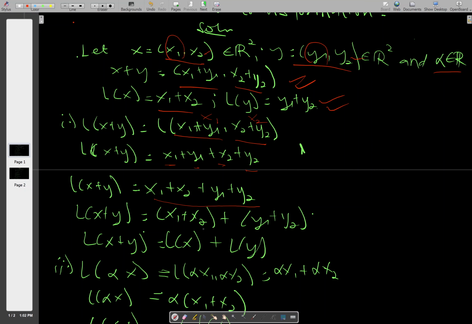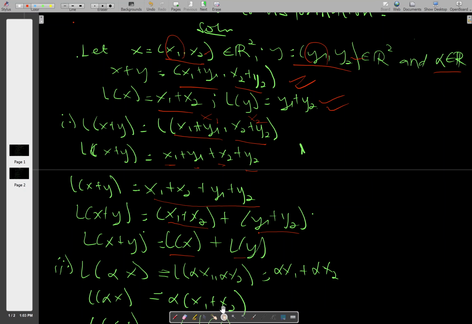But we know from the definition that x1 plus x2 is L of x, and y1 plus y2 is L of y. That's vector addition.